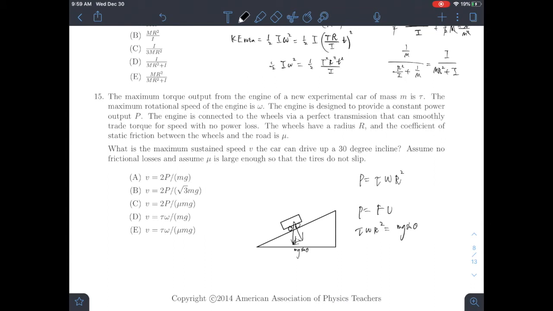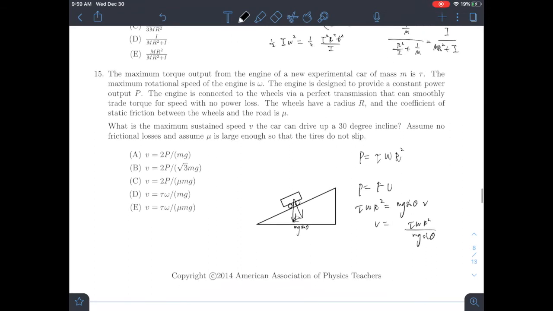Okay, so mg times sine theta times v. So v is equal to tau times omega times r squared over mg sine theta. Then tau times omega times r squared is equal to P, the power. Sine theta is 30 degrees, so it's equal to 1 over 2. So the answer is 2P over mg, which is A. Okay, let's look at the 16th problem.